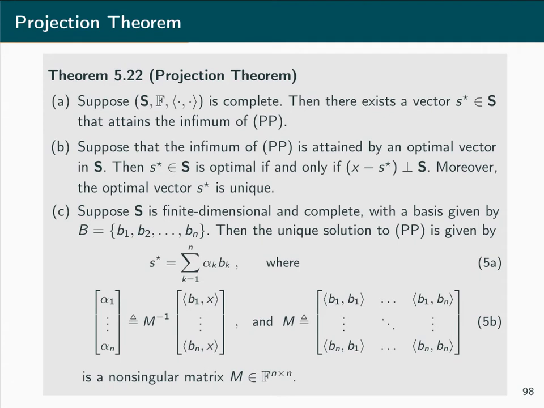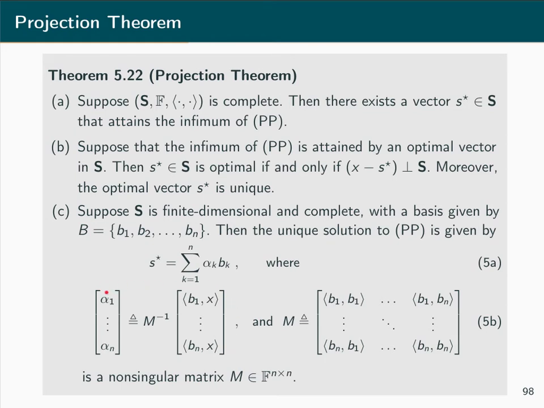Finally, the third statement C of the projection theorem is concerned with cases where S is finite dimensional and complete. So we have some basis that we call b1 through bn. Then the unique solution to the projection problem, s star, is given as a linear combination of the basis vectors, where the scalars alpha k are determined by solving a linear equation system.